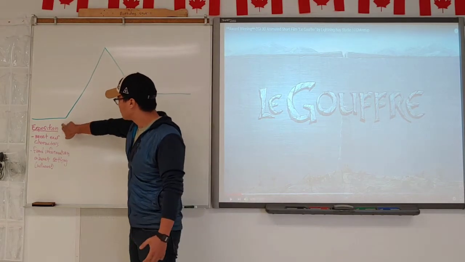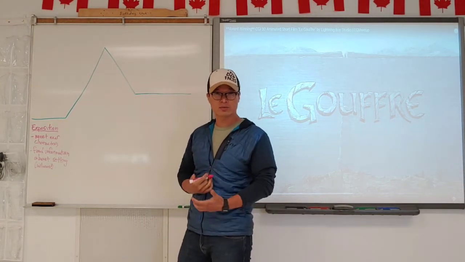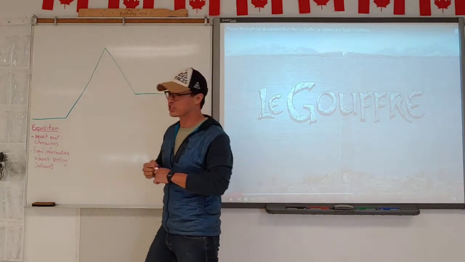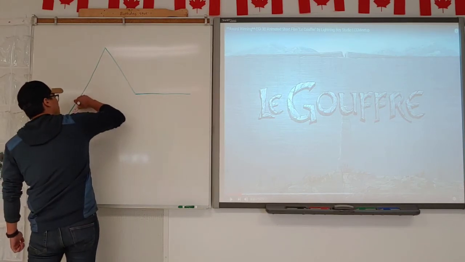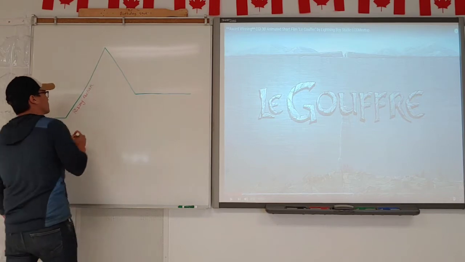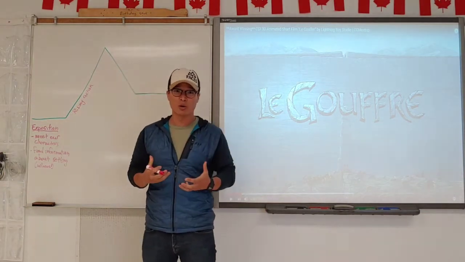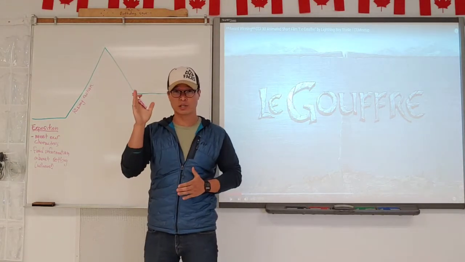Now, as we finish off the exposition, we get to know the characters, we get to know the surroundings. There is a rising action. This is when the conflict happens, or we start to see the characters actually going towards a goal.